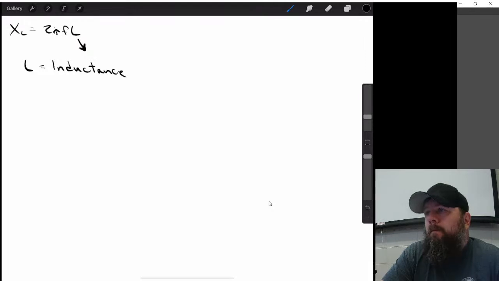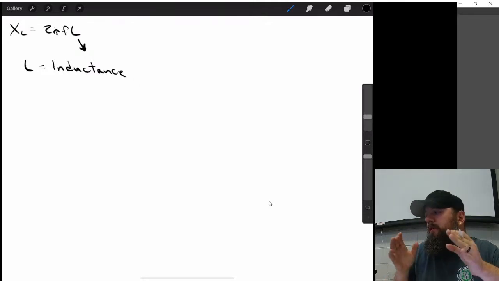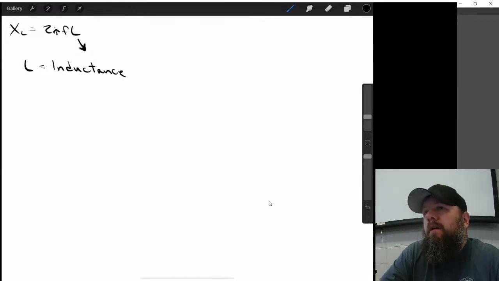Namely because anytime we put current through an inductor or a conductor, anything that allows electrons to flow through it, we push electrons out of that conductor. And what an inductor does is magnify that by putting a bunch of loops really close together.